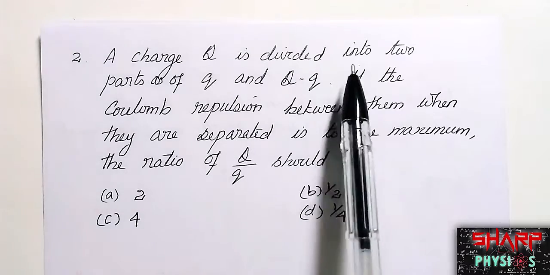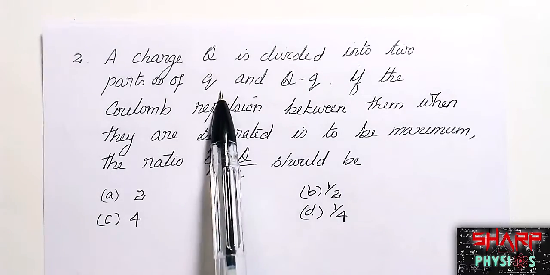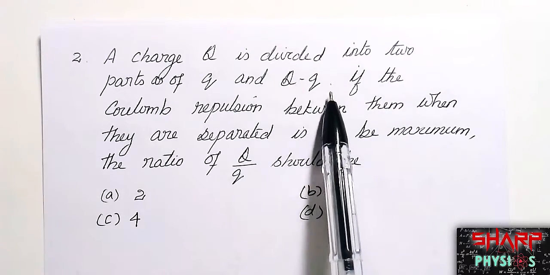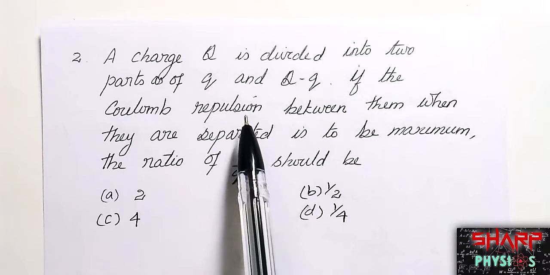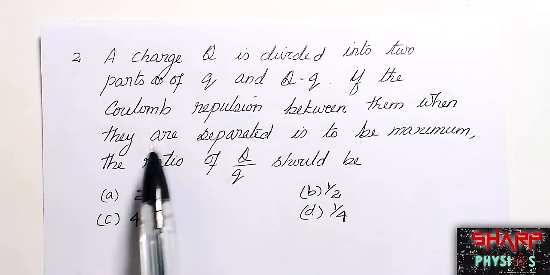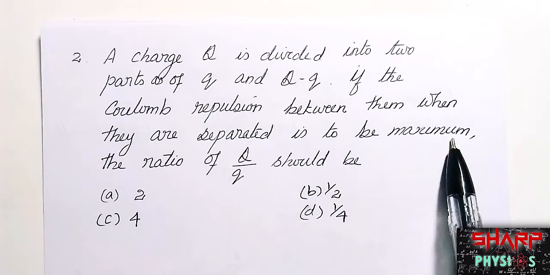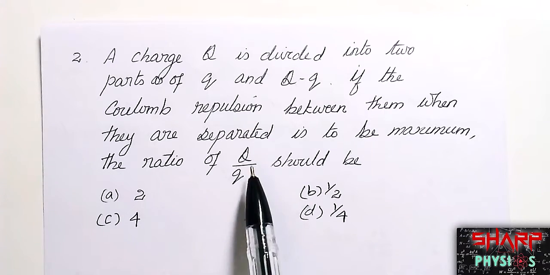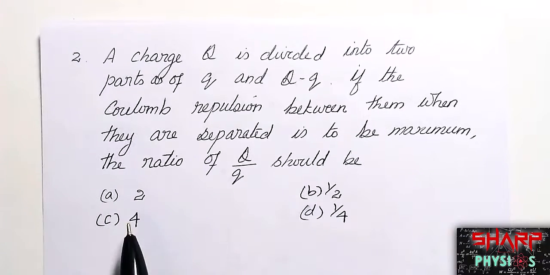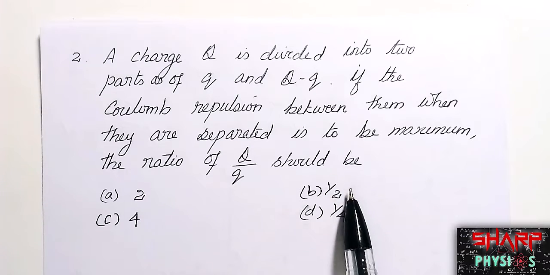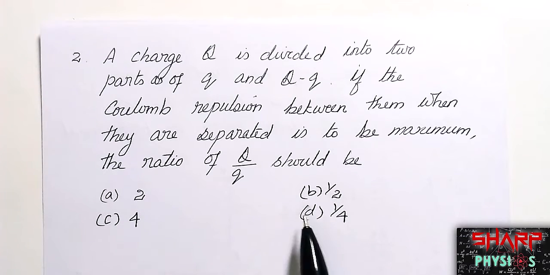A charge Q is divided into 2 parts, q and Q minus q. If the Coulomb repulsion between them when they are separated is to be a maximum, the ratio of Q by q should be: option A is 2, option B is 1 by 2, option C is 4, option D is 1 by 4.